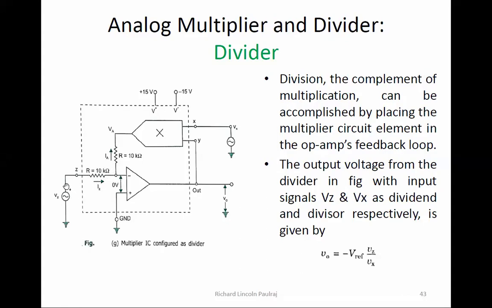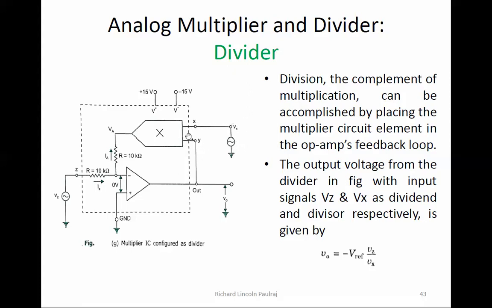The input at the output side of the multiplier symbol is going to be VZ, which is actually at the input side of the op-amp. At the output side, I have V0 towards the op-amp, and towards the multiplier circuit, I actually have Vx as my input.